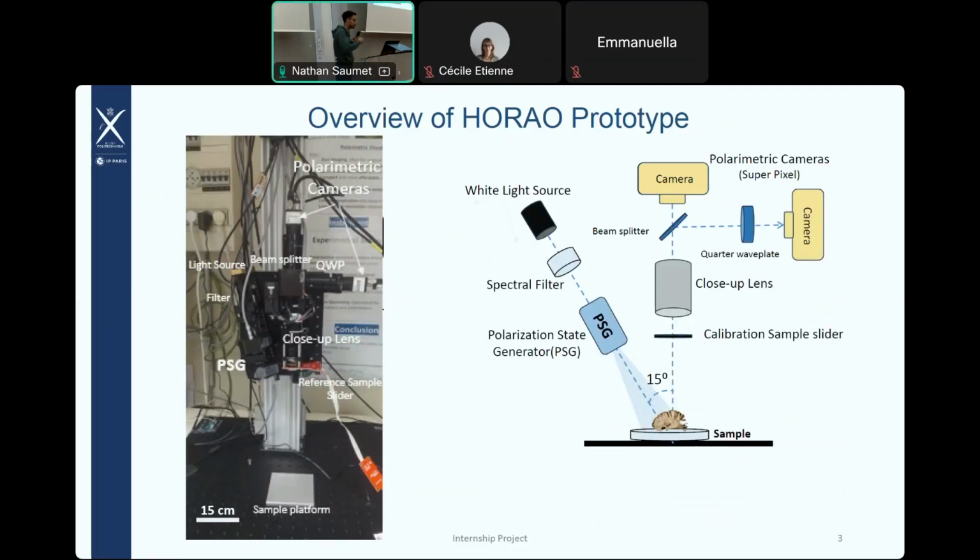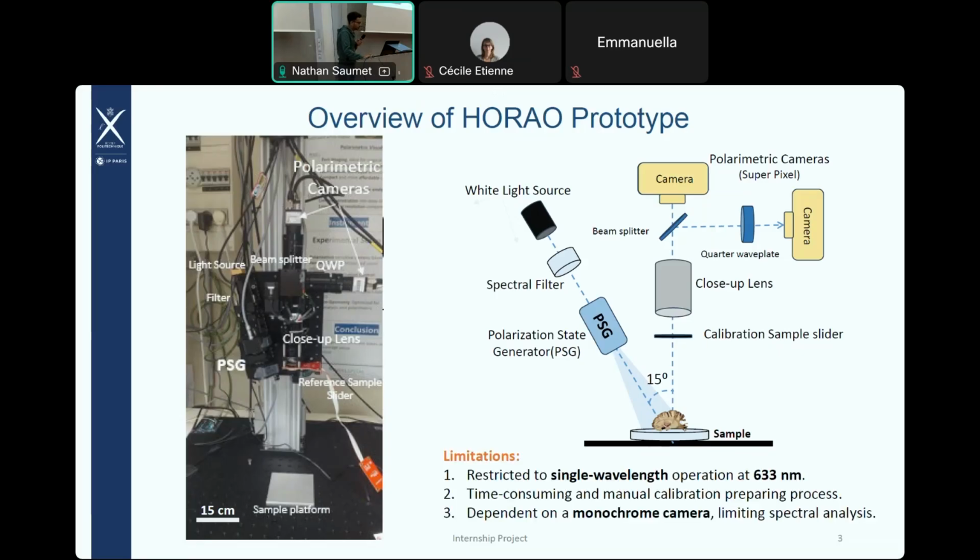So how can we detect this type of images? We created a prototype within the Horao project, and with this prototype we send light using different polarizations, and then detect it with DOFP super pixel cameras, all the polarization states, and then we apply the mathematics and have the images of the sample.